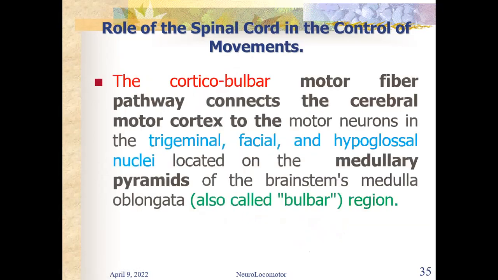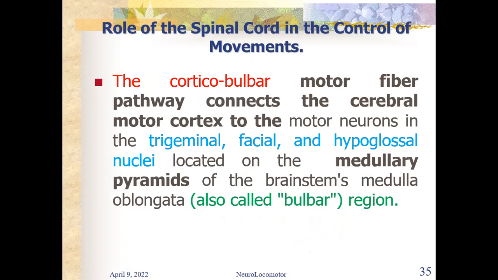So let's move ahead to the second direct motor pathway, which is the corticobulbar tract. The corticobulbar motor fiber pathways connect the cerebral motor cortex to the motor neurons in the brain stem.